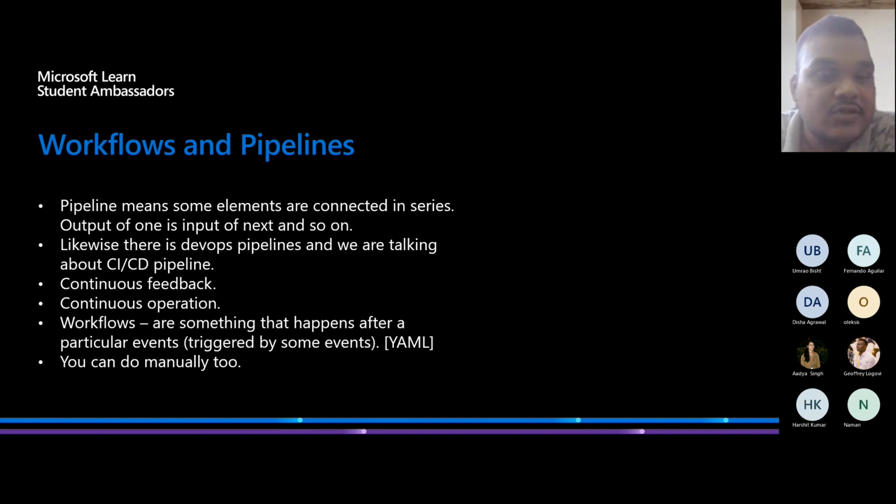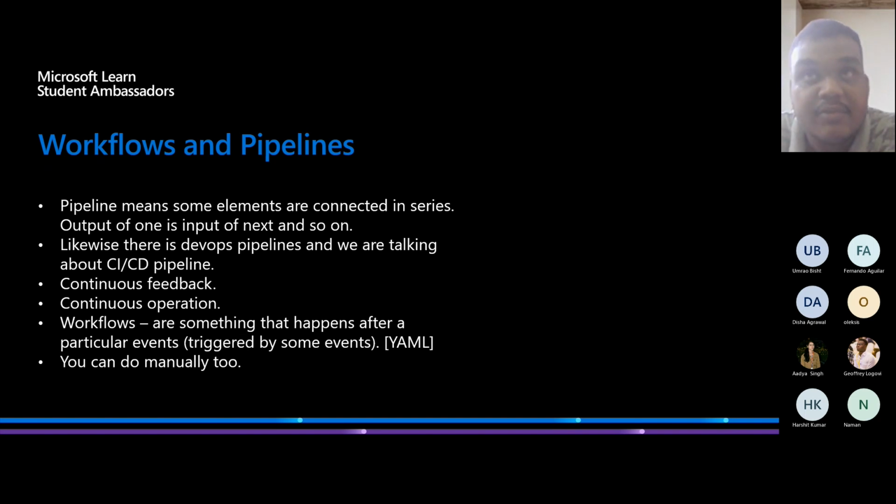Okay. So workflows are something that's triggered by some events. Let's say, in GitHub Actions, I'm referencing GitHub Actions, you have pushed some code, or you have raised a PR, a pull request, and the workflow is being triggered by that event.